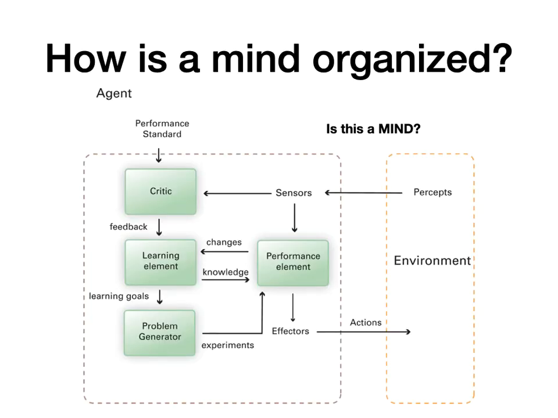Modularity of mind. The big question is, how is a mind organized? We've seen some of how the different information processing features could exist. We talked about how neurons can become populations that are capable of processing special things and recognizing patterns and such. Here is a simple diagram of an agent.